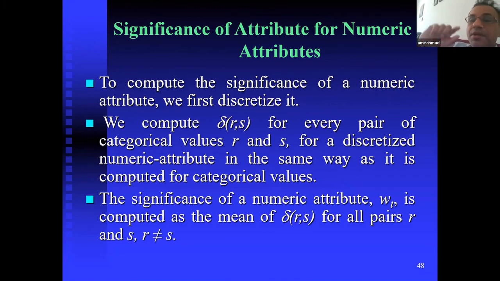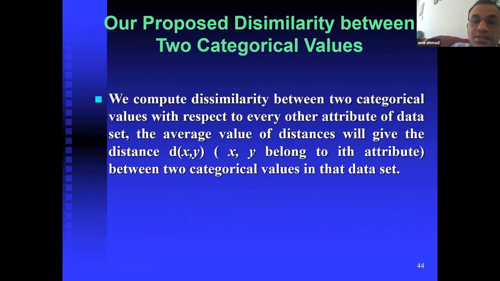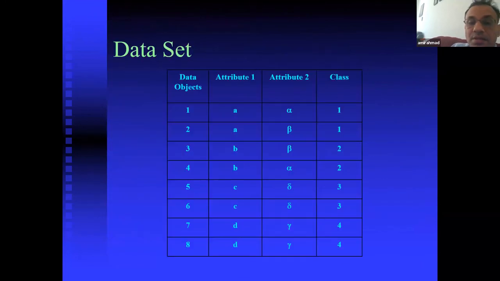Each categorical attribute will have many attribute values. We compute the distance for each pair. So for example, in this case, there are values A, B, C, D, with different pairs: A-B, B-C, C-A, C-D.